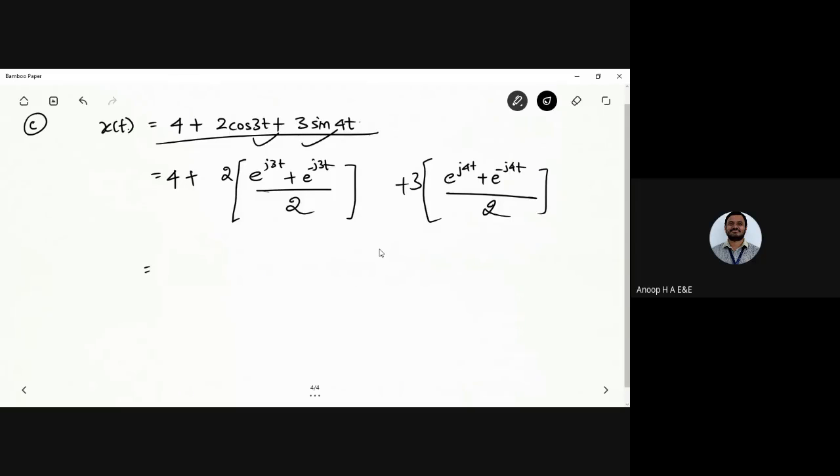Okay, so now what you have got here, we know that. So how do you need to write this? So 2 gets cancelled here, fine. So it is 3 by 2, 1.5 we are going to get, I think 2j here, isn't it? So e power j 4t minus e power minus j 4t. Okay, so now what are you going to do from here onwards?